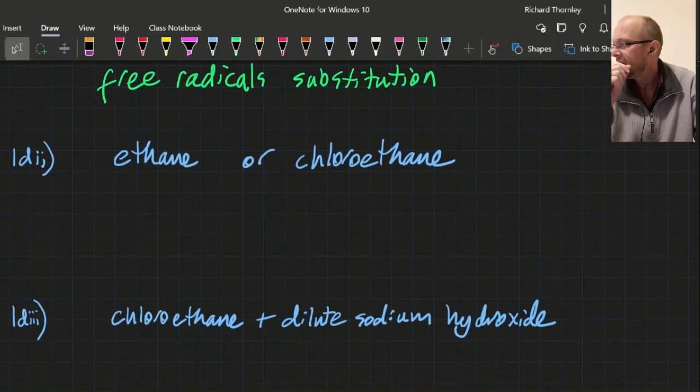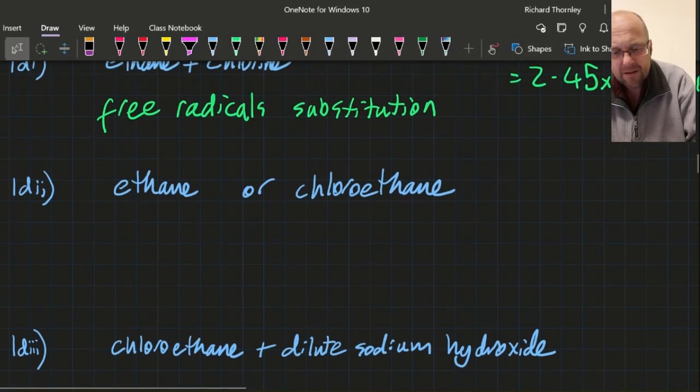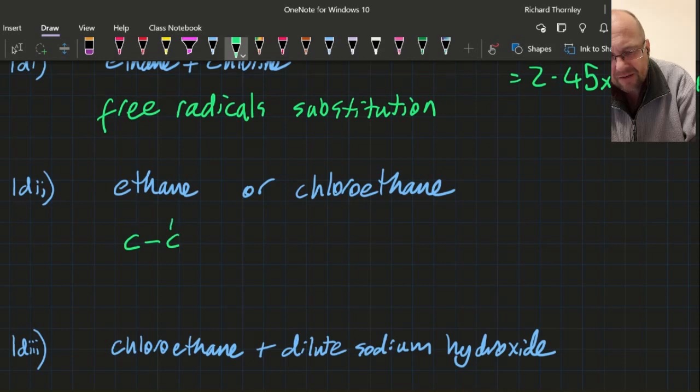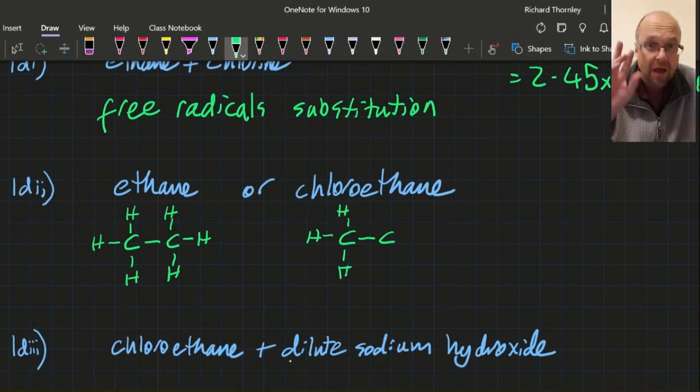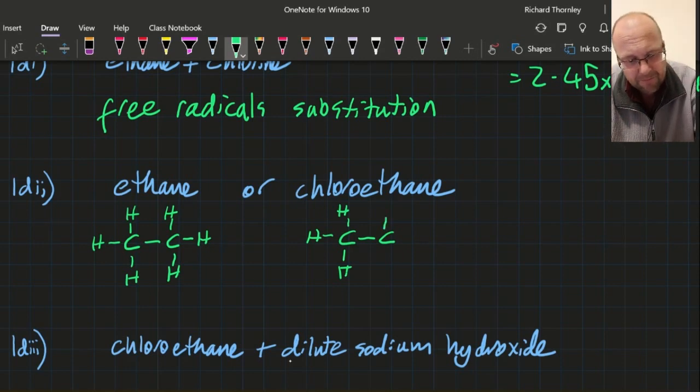What's more reactive, ethane or chloroethane? One of the first things you learnt in the alkanes is that alkanes are unreactive, because they have strong bonds. Carbon-hydrogen bonds are strong. The other reason is there's nowhere to really attack an alkane. An alkane is non-polar. Carbon and hydrogen basically have the same electronegativity, the same love for electrons.